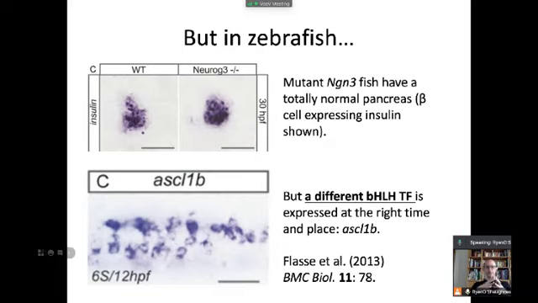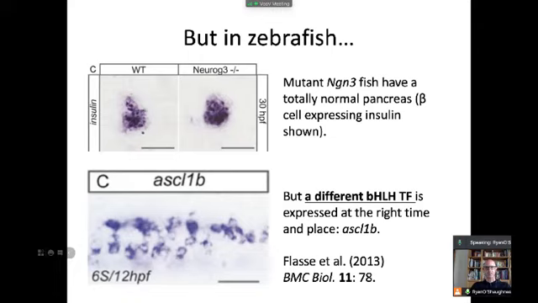However, in zebrafish, things are a bit different. So NGN3, or neurogenin 3, in us and in other mammals is required to form a normal beta cell expressing pancreas, and beta cells express insulin. However, you can see in fish that have a mutant NeuroG3, they have a knockout, they still produce cells that produce insulin.